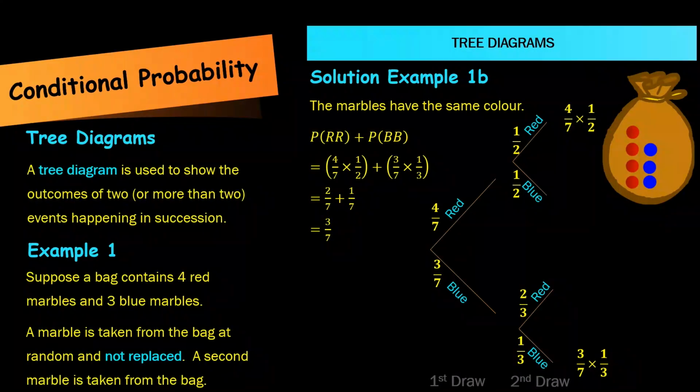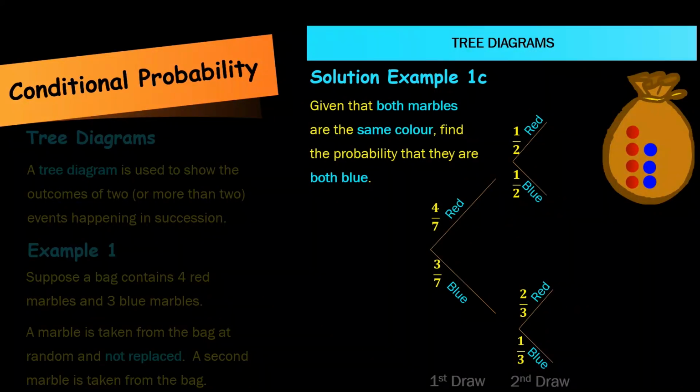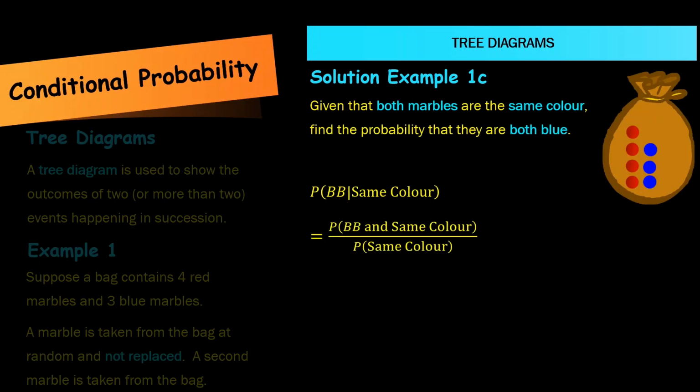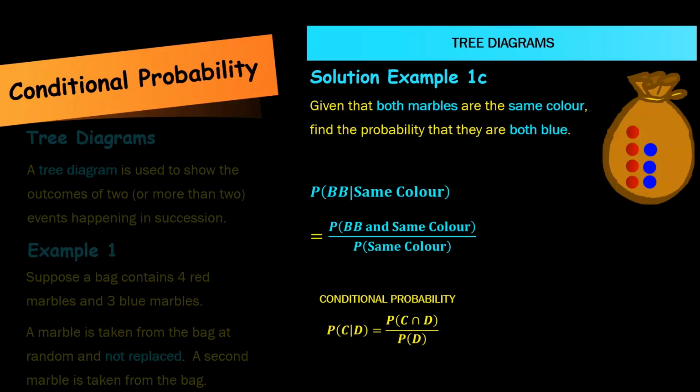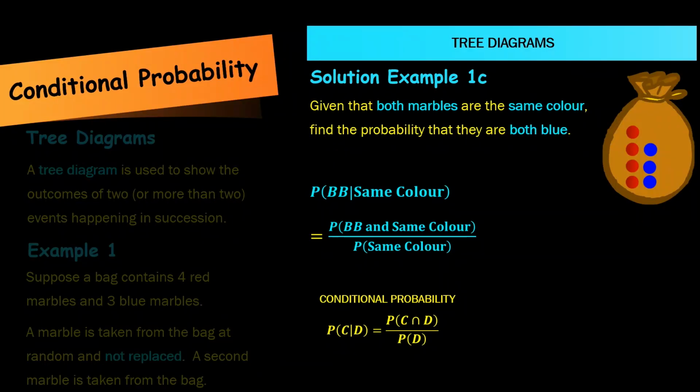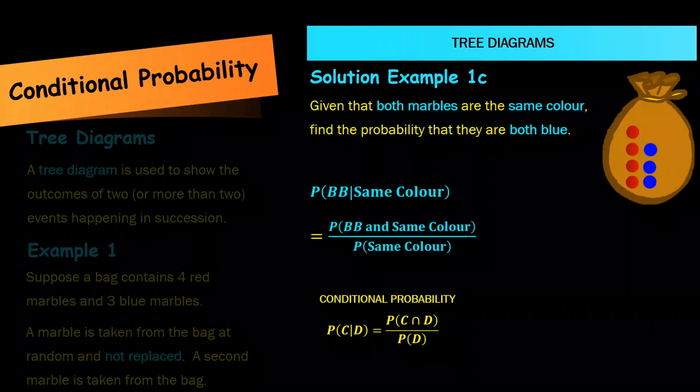Now for part C. Given that both marbles are the same colour, find the probability that they are both blue. So what's the probability of blue-blue given that the marbles are the same colour? We're going to use the conditional probability formula as highlighted here.